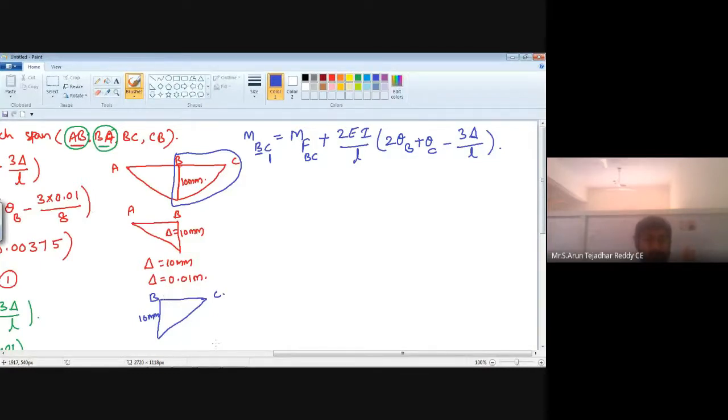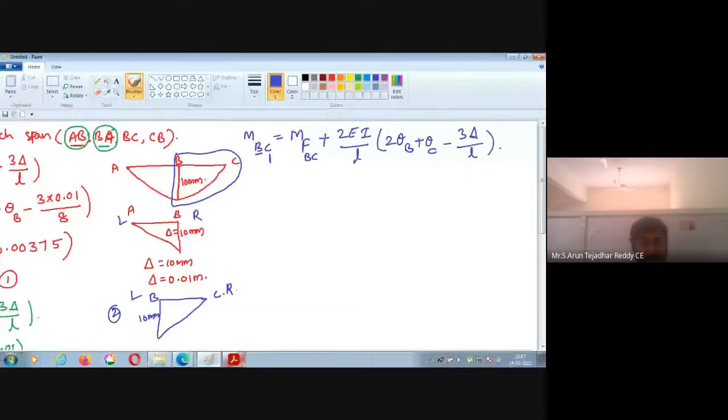One part is the left part, the other part is the right part. In the first diagram, your right part is sinking down by 10 mm. Now in the second diagram, the blue color diagram, the left part is sinking down by 10 mm.